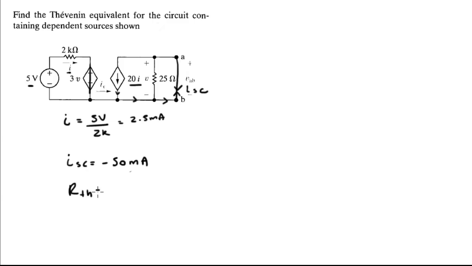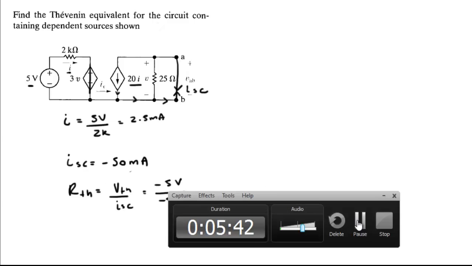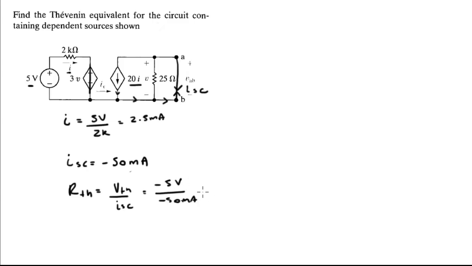And our Thevenin resistance is simply the Thevenin voltage over the short circuit current, which is minus 5 volts over minus 50 milliamps. Sorry about that, I got a phone call. Okay, so it's minus 5 volts divided by minus 50 milliamps. As you can see, these signs are going to cancel out, and the resistance is going to be obviously positive at 100 ohms.